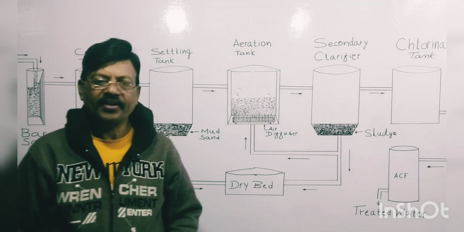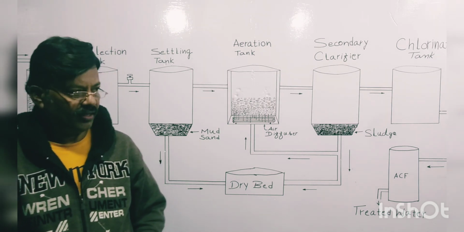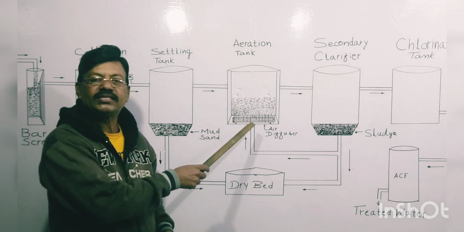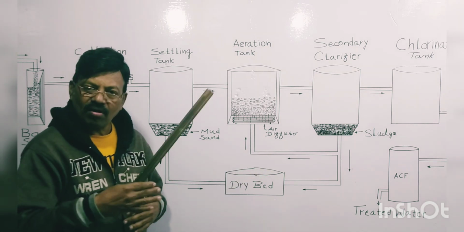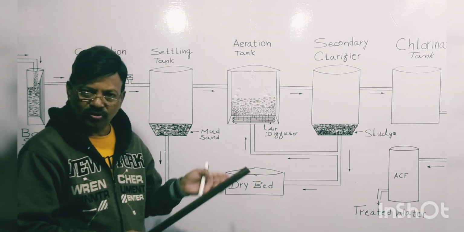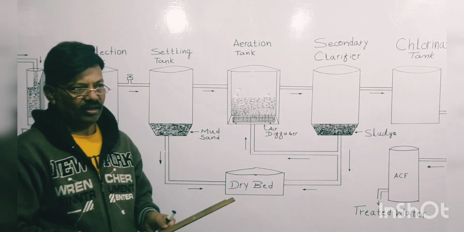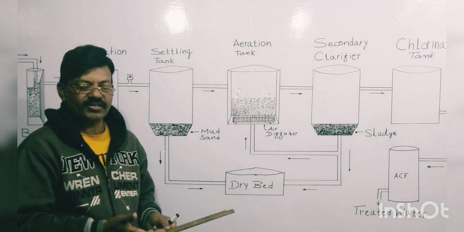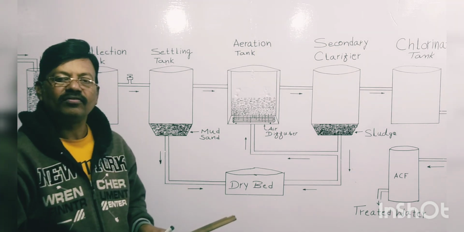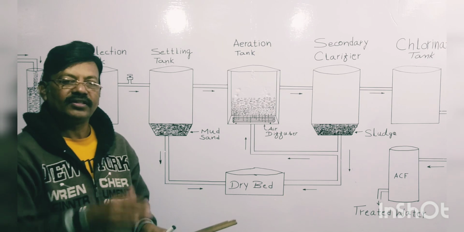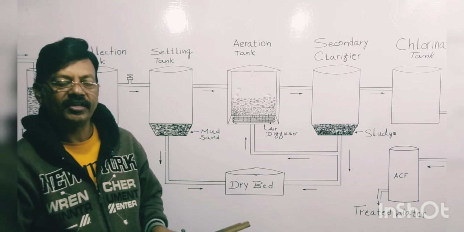As time passes, minute by minute, hour by hour, day by day, these bacteria in the aeration tank keep on consuming their food, that is nothing but BOD or organic matter, continuously, and will become larger in size and heavier in weight, so that they cannot float in the water. Instead, they start settling down towards the bottom of the tank.